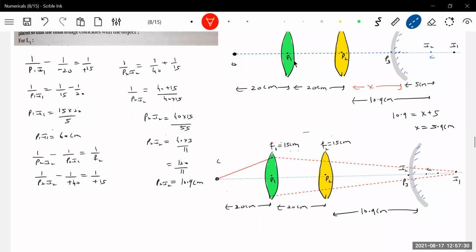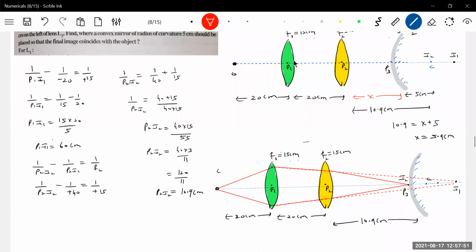This is the thing, solid one. Then finally, one ray diagram is what I proposed.